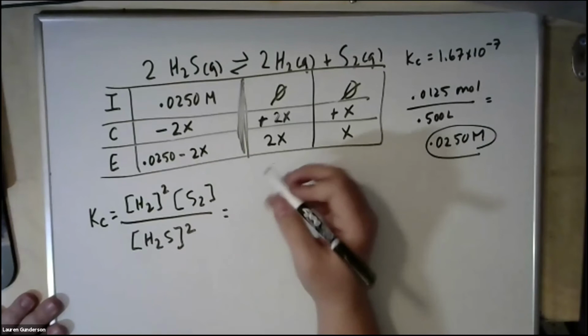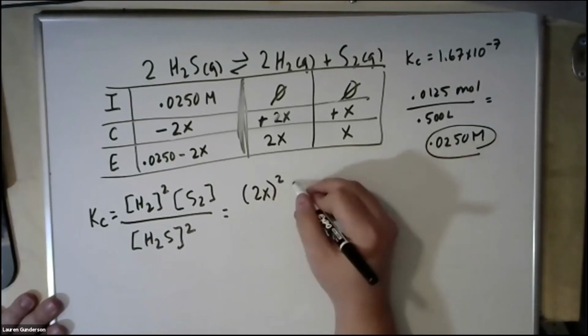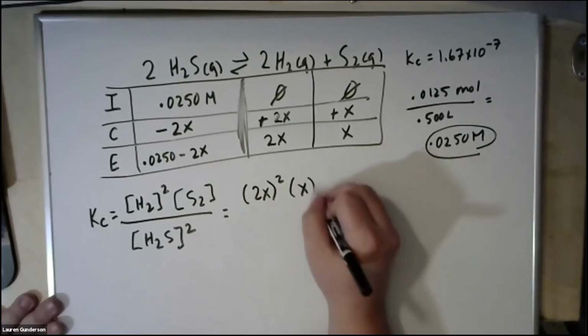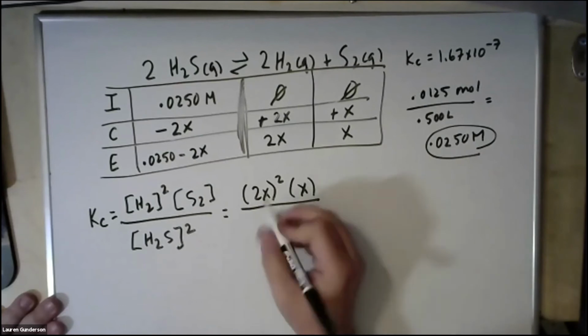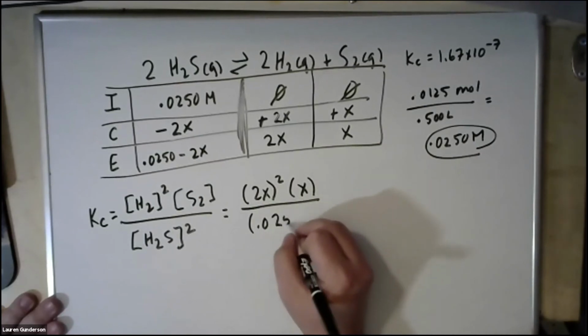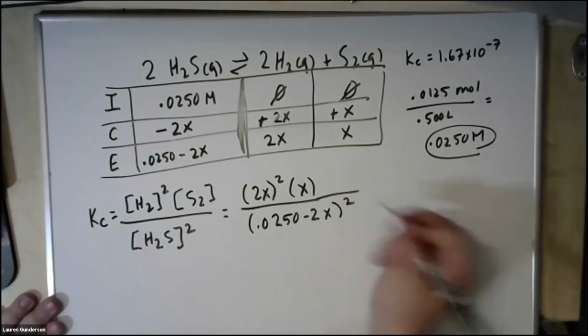Okay, I can plug this in: 2x squared times x divided by 0.0250 minus 2x squared.